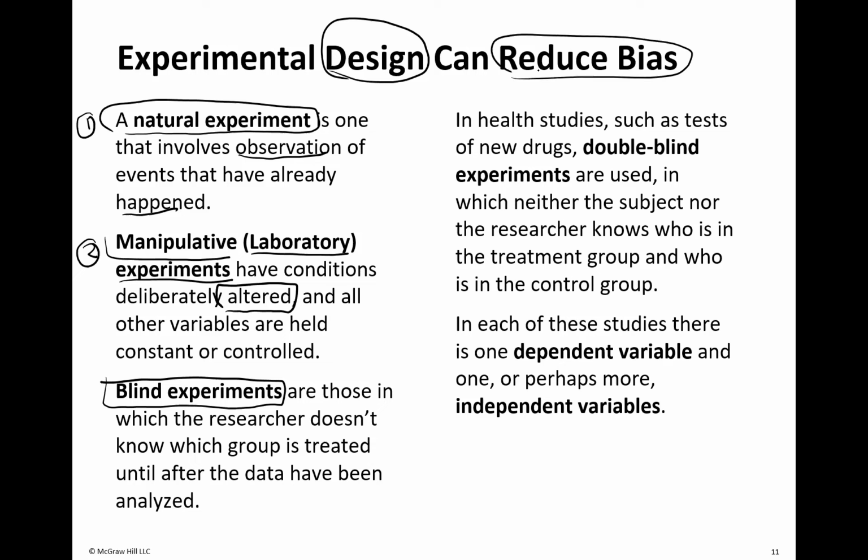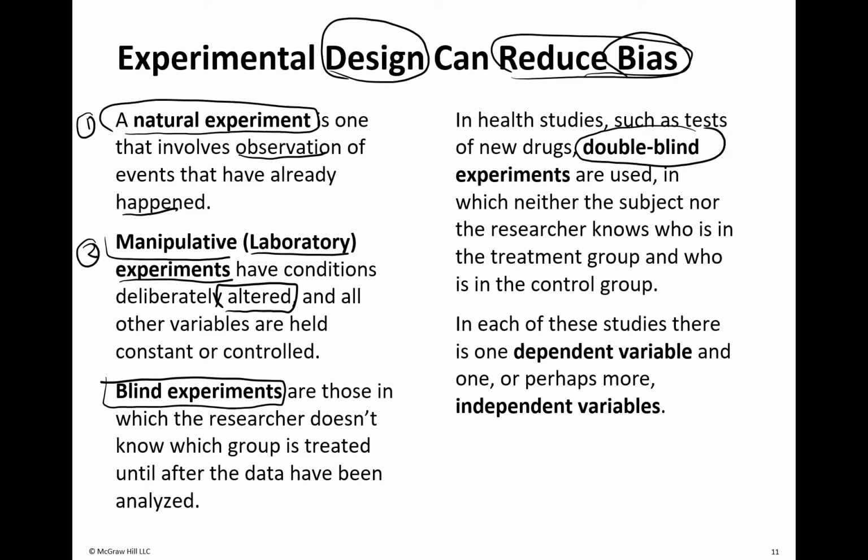So the researcher will not know which people receive the drug and which people do not receive the drug. So the results will be clear and not biased. And sometimes they also perform the double-blind experiment. So in drug tests, they usually perform this type of experiment, blind or double-blind, in order to reduce the bias on the result.